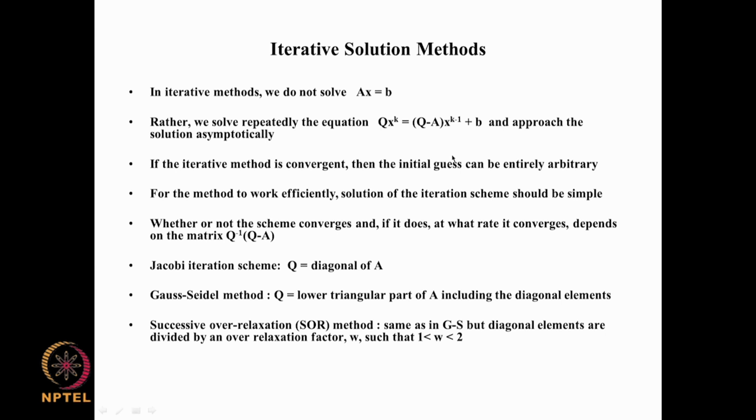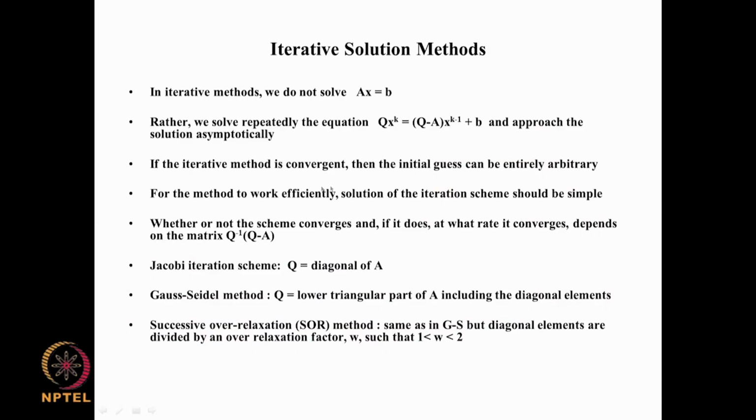And we have already seen one such iterative method, the Gauss-Seidel method, in the very first module, and very first part of it. For the solution of flow through a rectangular duct, we made use of the Gauss-Seidel method, and that belongs to the class of iterative solution methods.